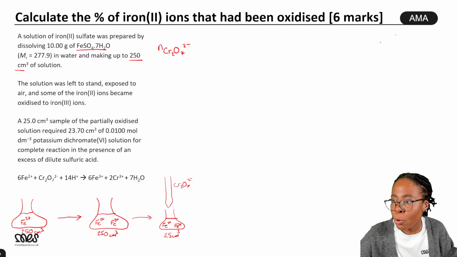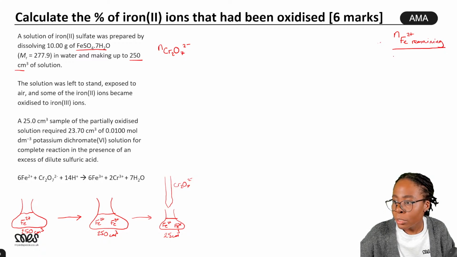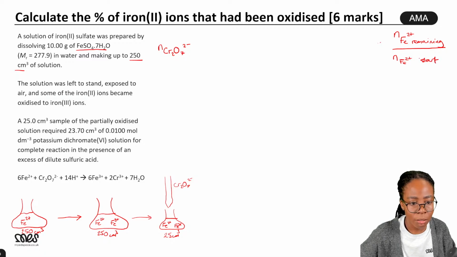To find the number of moles that were oxidized, we should probably figure out how many moles of Fe2 plus are remaining at the end, divided by the number of moles of Fe2 plus that we had at the start.